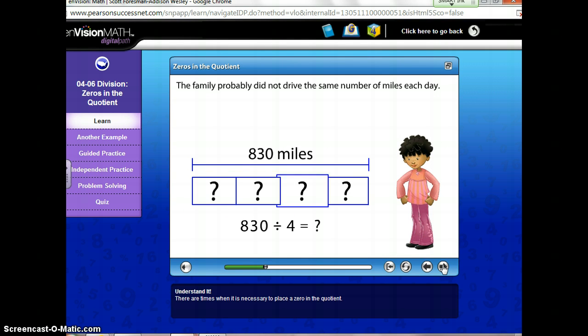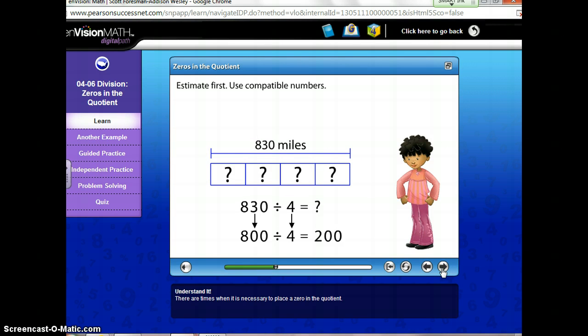Because it's very likely that the family didn't drive exactly the same amount every single day. Okay. We would change the 830 to 800, and we'd leave our single digit alone, which would give us an answer of about 200 miles a day.